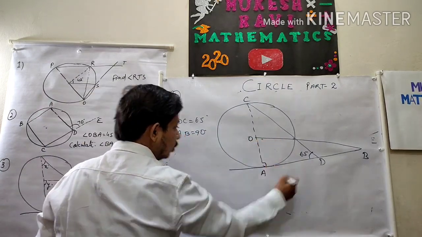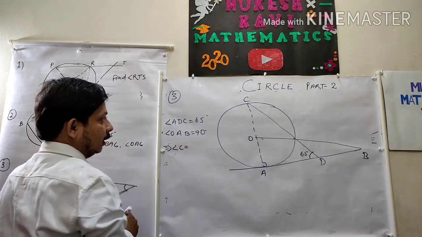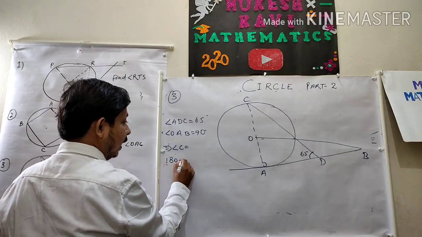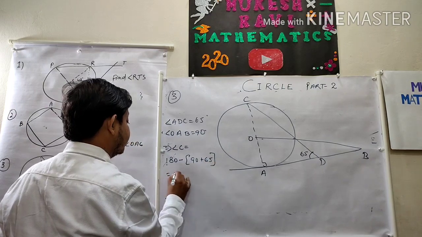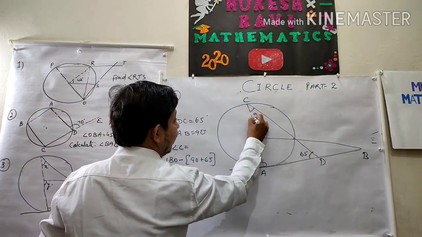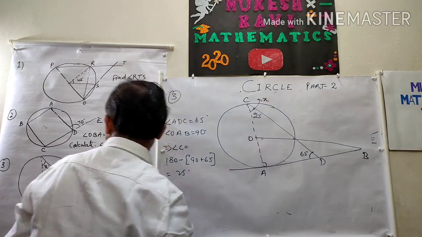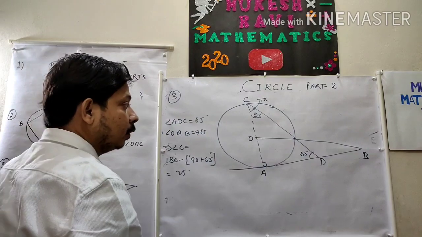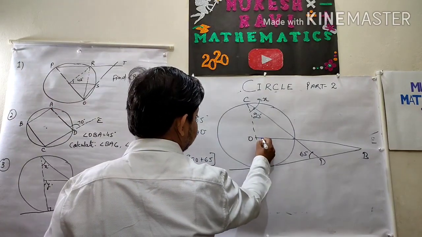This is radius to tangent. So this implies angle C equals what? Angle C is equal to, in triangle, 180 minus 90 plus 65, and you can say directly this is 25 degree. So the missing part is 25. Suppose this is your X. X is equal to 25. What about Y?